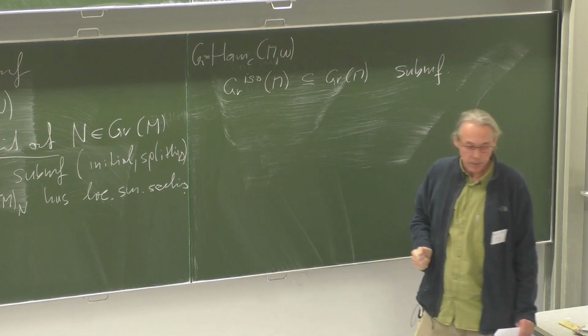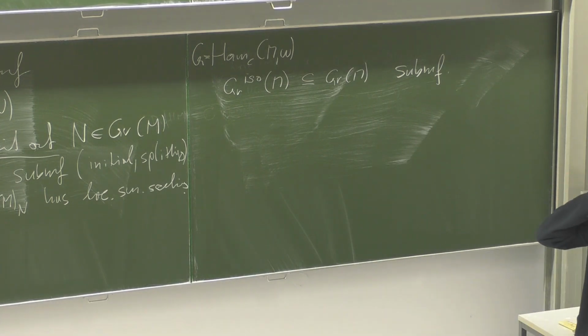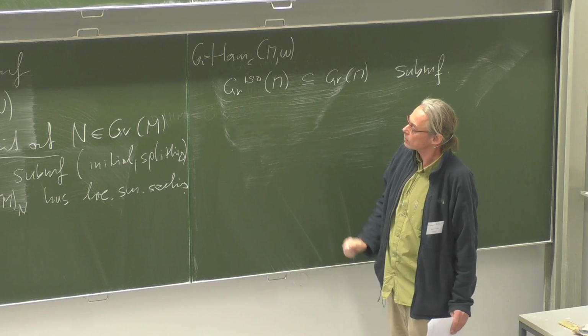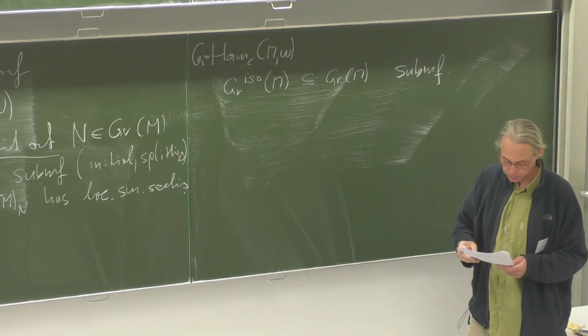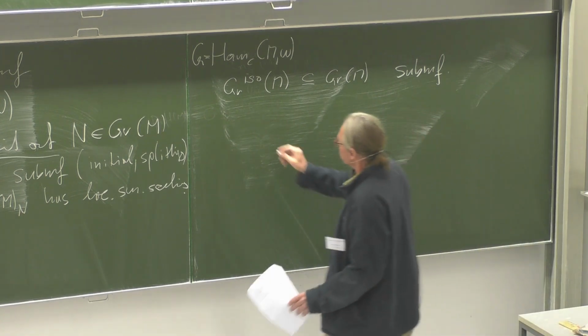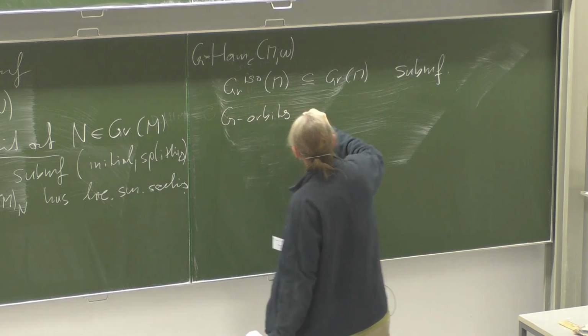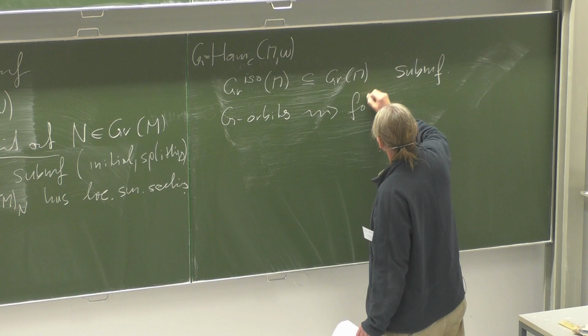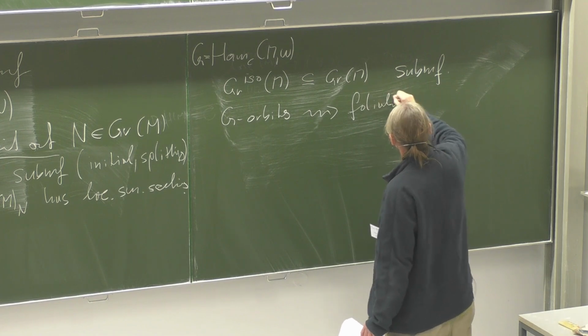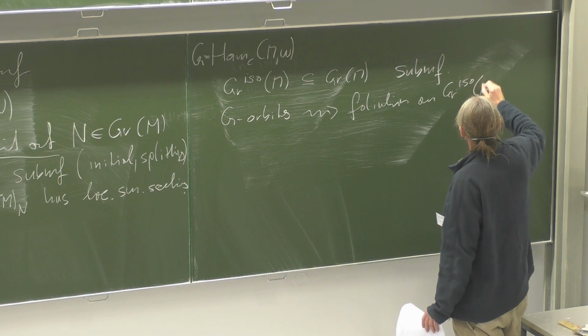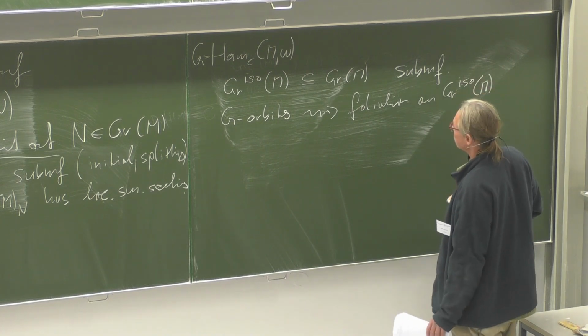This foliation was found by Alan Weinstein, and it's called the isodrastic foliation. So the G orbits give a foliation on this isotropic Grassmannian, of finite codimension.